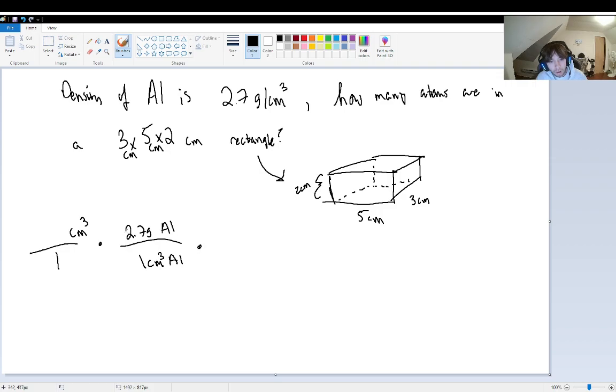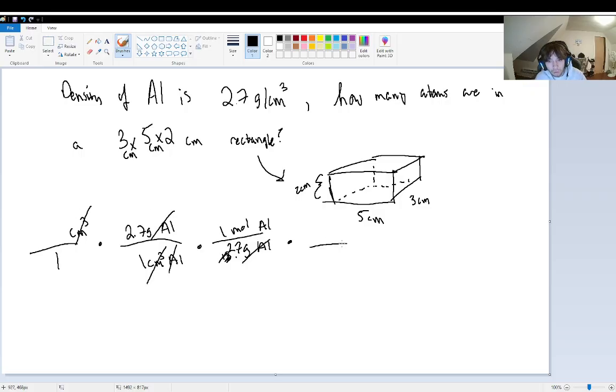And now I need to go from grams to moles. I believe this is 13 point something, but I don't know yet for sure. It's 27, so I was way wrong. 27 grams Al is in 1 mole Al. Now I need to get rid of my moles. I got rid of my centimeters cubed, got rid of grams.